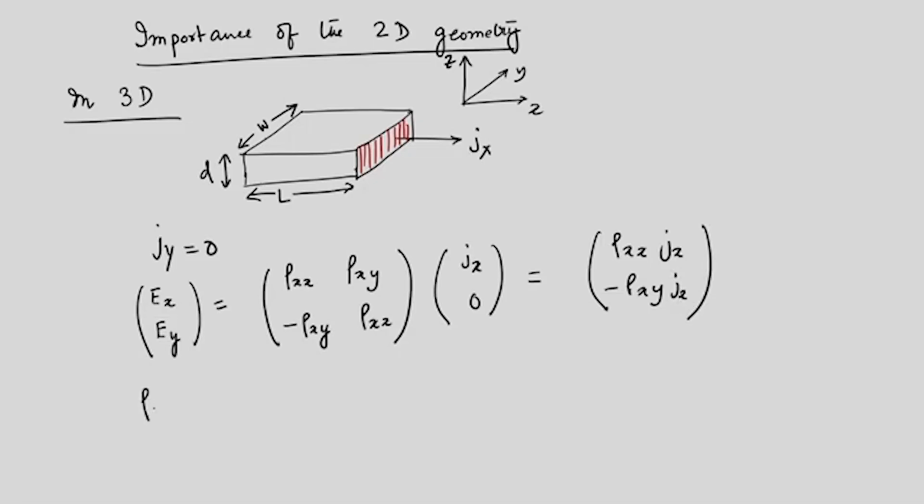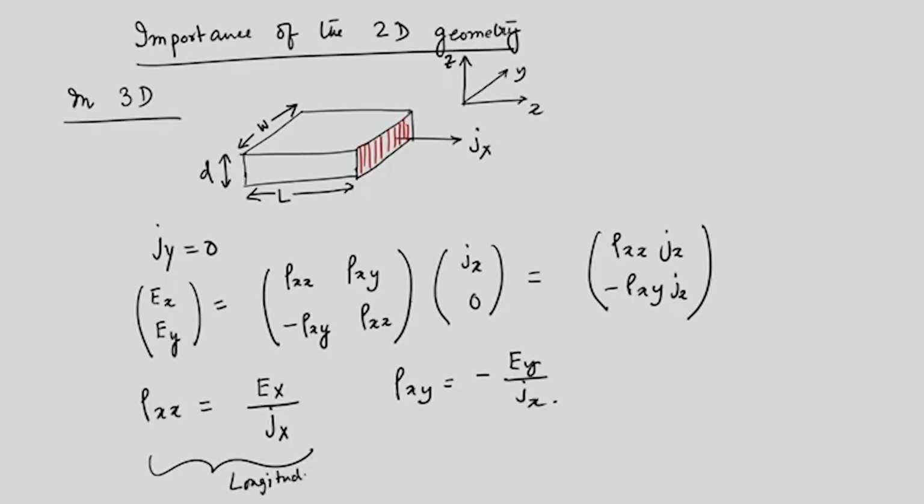So, we know that rho xx is equal to Ex by Jx, and rho xy is equal to minus Ey by Jx. So, this is the longitudinal resistivity, and this is the Hall resistivity.